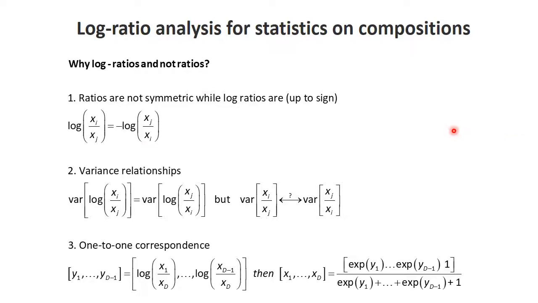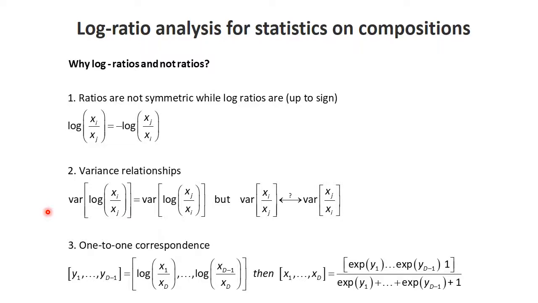So you wonder why log ratios and not ratios. First of all, ratios are not symmetric, while log ratios are symmetric up to a sign. So the log of this ratio is the same as the log of that ratio, except for the sign. That's interesting because then we don't have to worry about what we put in the denominator. The variance of log ratios again has this symmetric relationship, but there's no clear relationship between the variances of ratios.